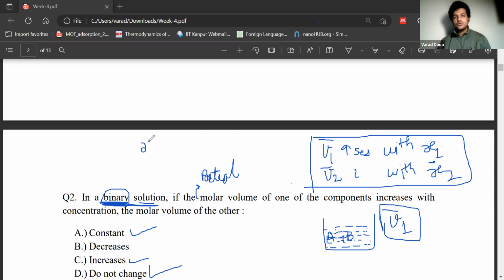That means dou V1 bar by dou x1 is positive. x1 is increasing, right? That means it has to do something with this, right? It is going to be positive, right?